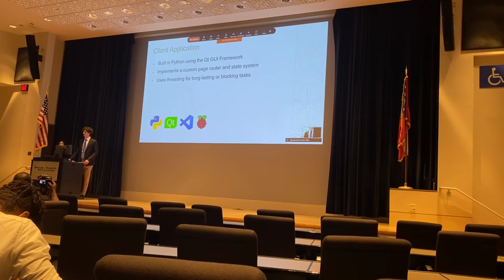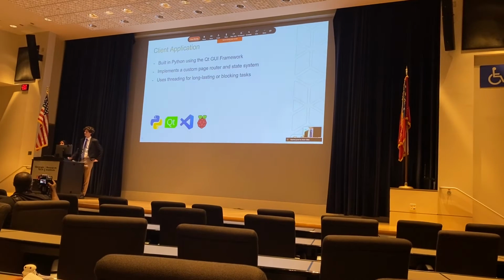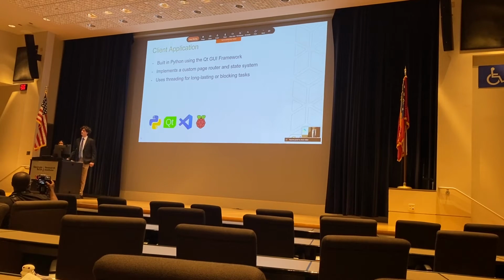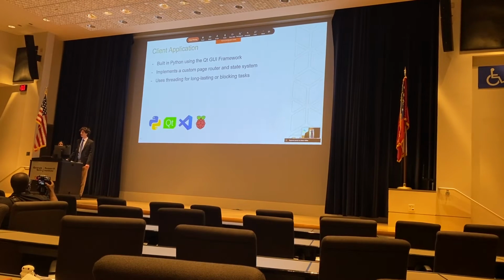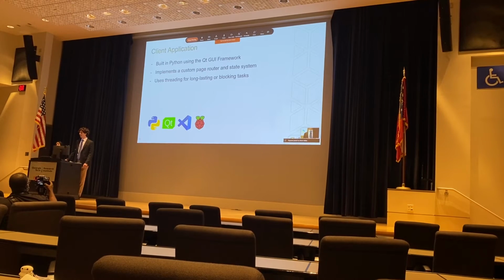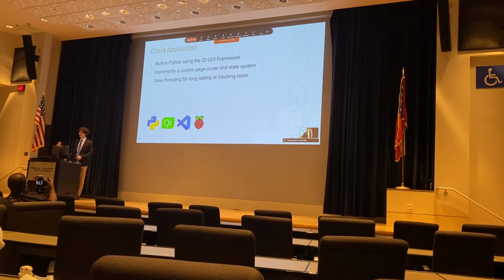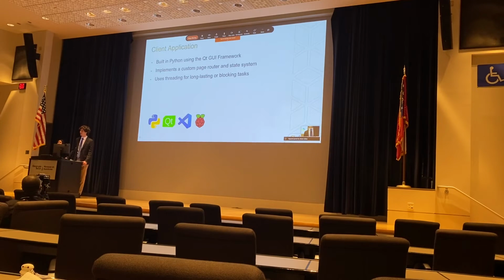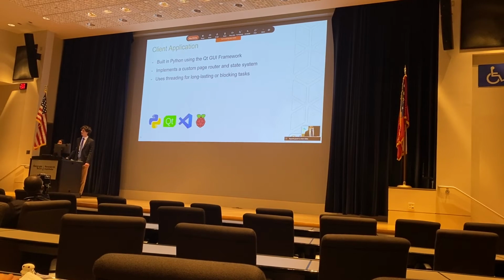This is horrible because when you press on things, it doesn't work. There's no response, there's no feedback, it looks like it's crashing. So we split this off into its own thread as well. A thread will be created to make a network request, and then it will wait for that response and send it back to the main application whenever a response is received. And this has the added benefit of letting us show a loading screen, like a progress bar, while it's loading, which shows the user that something is happening and the program has not broken.